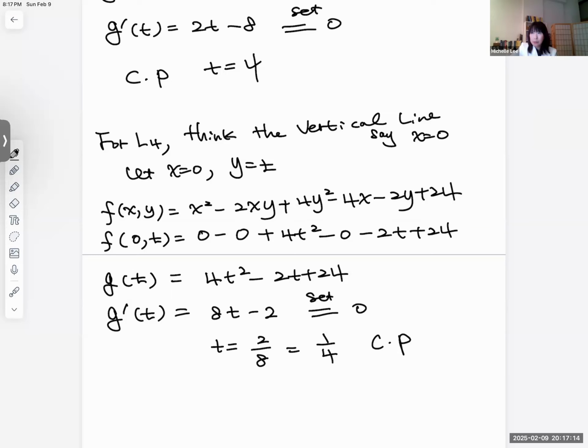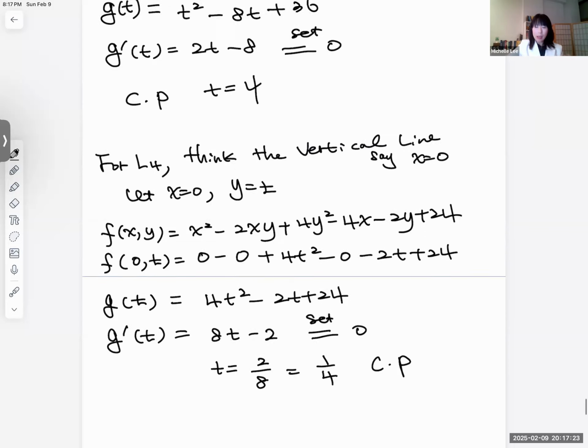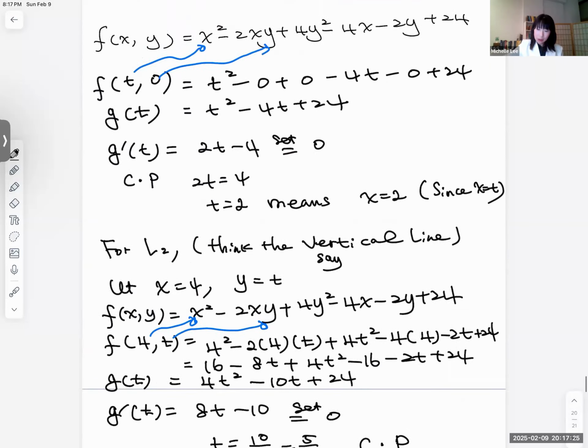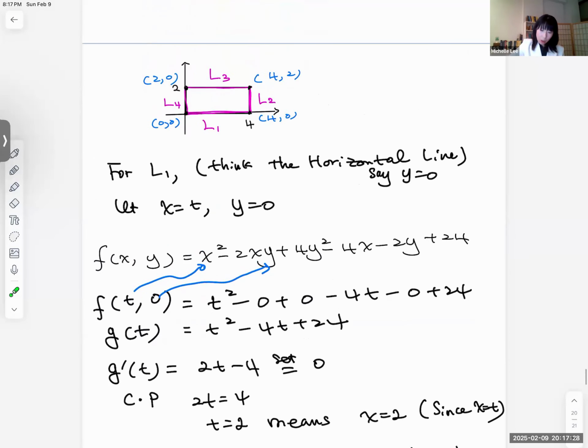So that critical point we need to evaluate. And then also, I said it earlier, right? So we want to evaluate those points. Okay. Those numbers will be treated like a closed bracket, right?